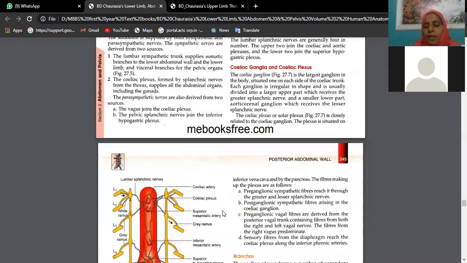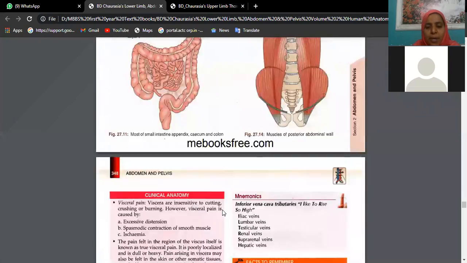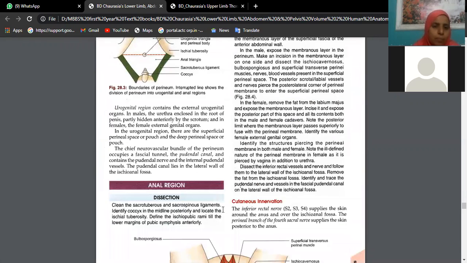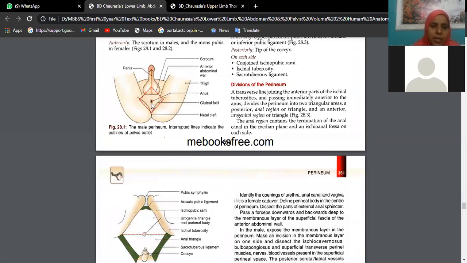Perineal body. Can you tell me the muscles in the perineal body? This is the perineal body, here in the perineum, this point. We have levator ani, superficial transversus perineae, deep transverse perineae, bulbospongiosus, and external anal sphincter.